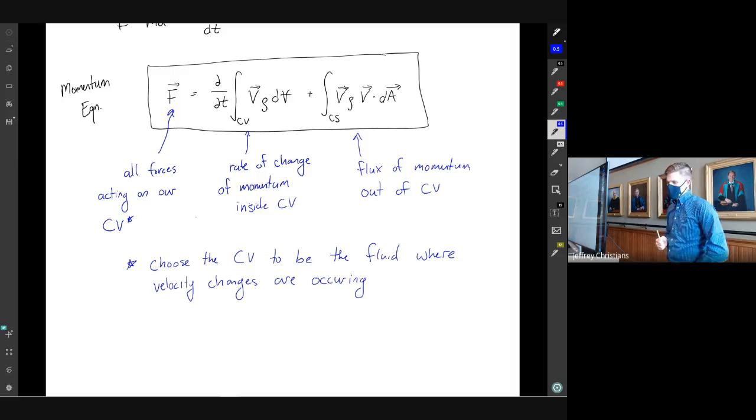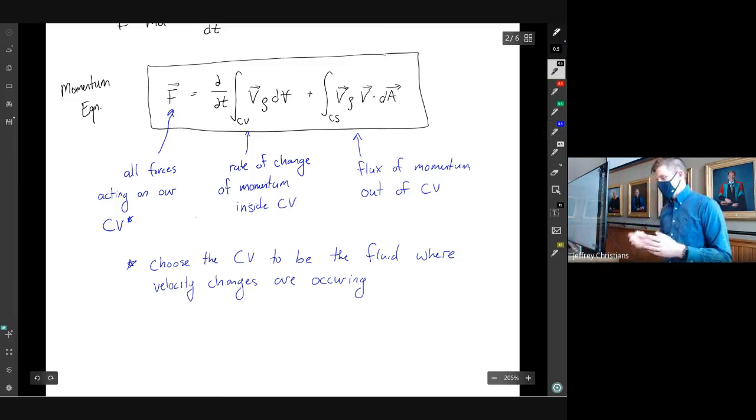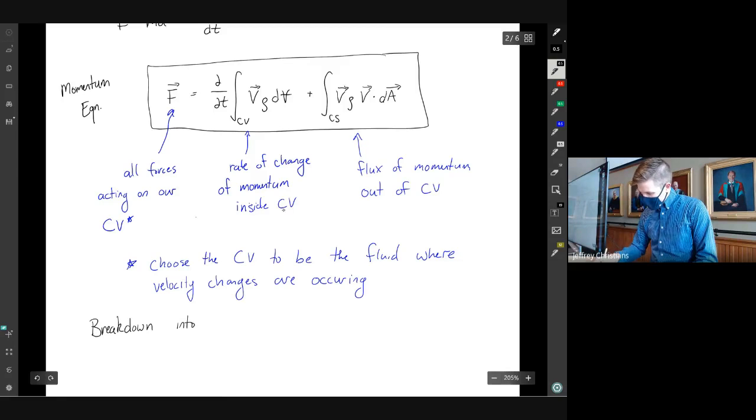And so momentum is a little different because we have extra vectors inside of our equation. Force is a vector and velocity is a vector. So we're going to typically have to deal with those as vectors. But we can break it apart into its x component, its y component, and z component, and solve each of those individually.